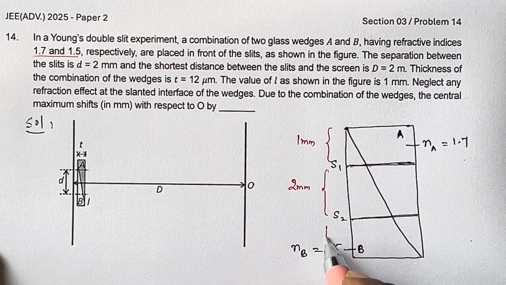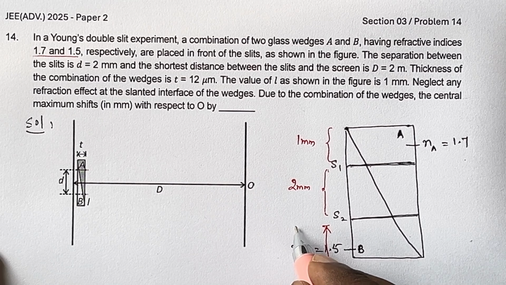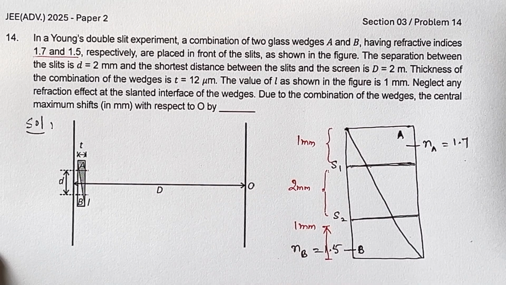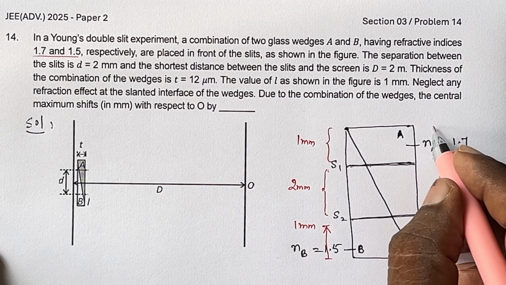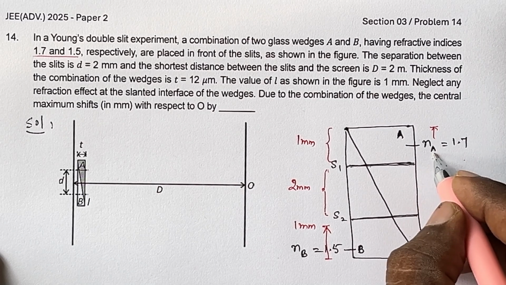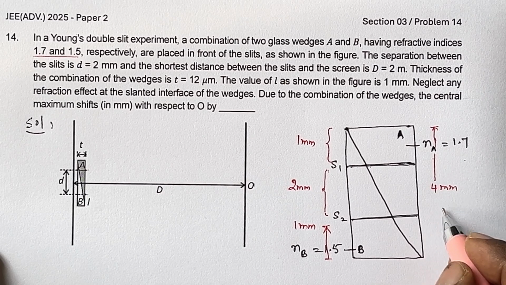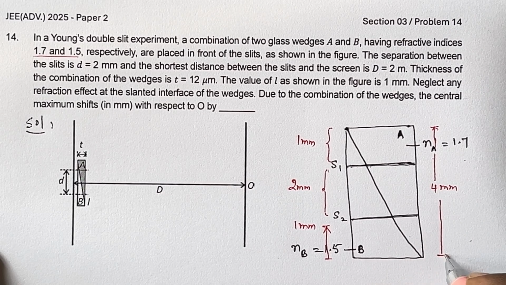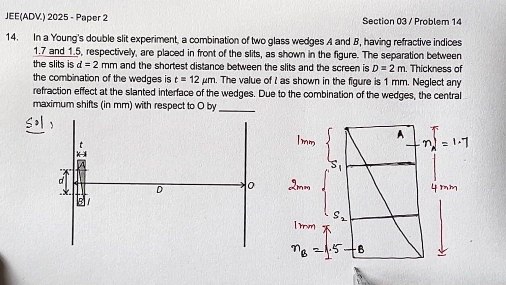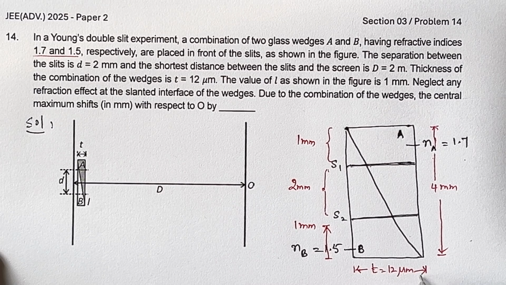From the lower edge of the wedge to the second slit is 1 millimeter. So total 4 millimeter, so the height of the wedge is 4 millimeter. That's what is given. And the thickness is 12 micrometer.